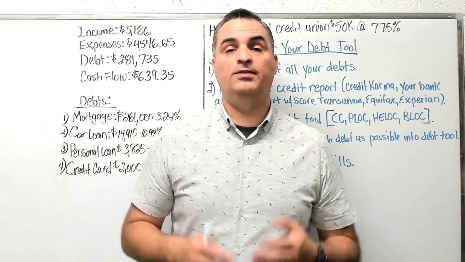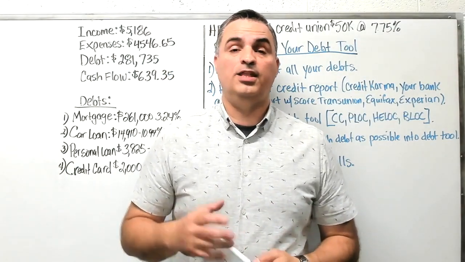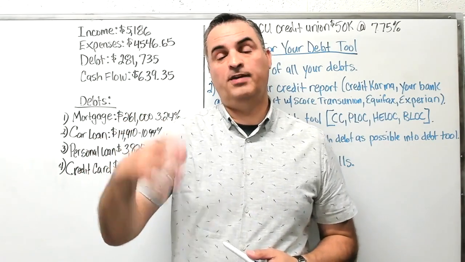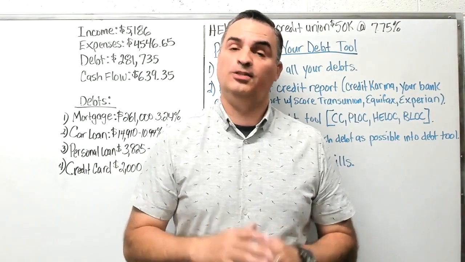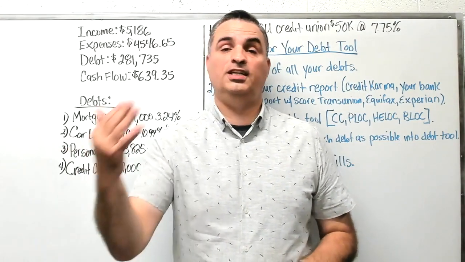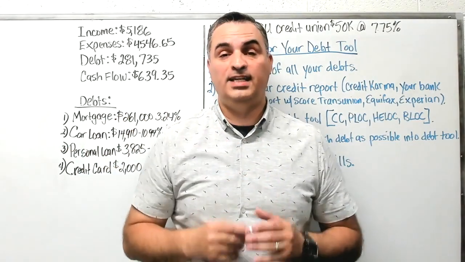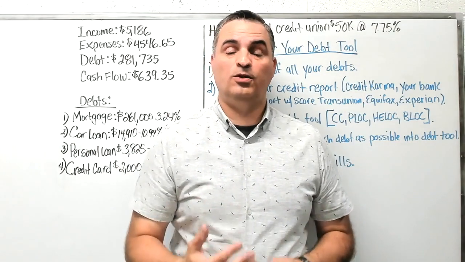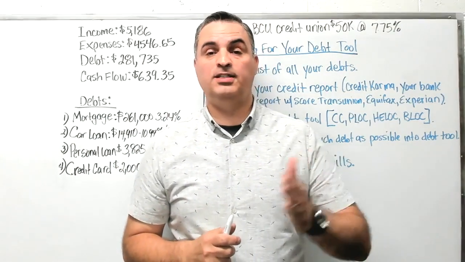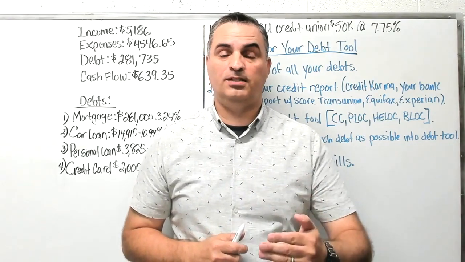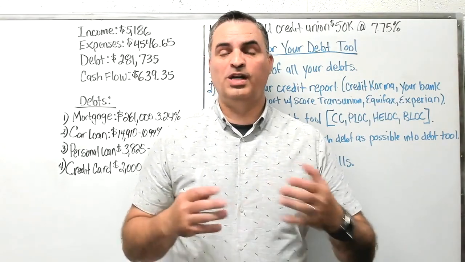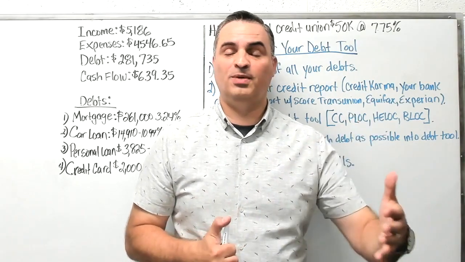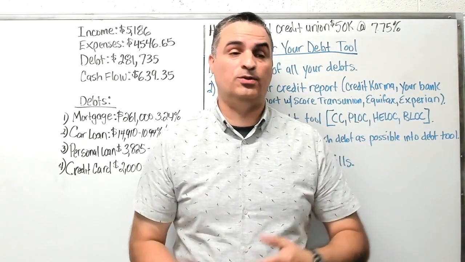Once you have your debt tool of choice, then you will be positioning all the funds that you have in your checking account, just sitting there doing nothing, into that debt tool. As the month goes by, you will then take the funds out that you need to make payments for bills, for groceries, for going out, for whatever it is, for paying this kid's school, for paying the rent or even the mortgage.